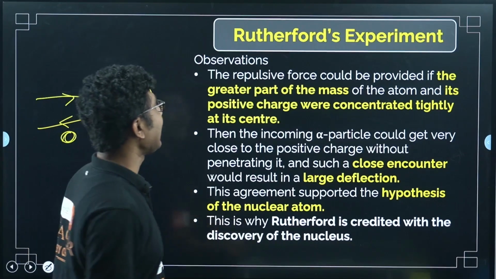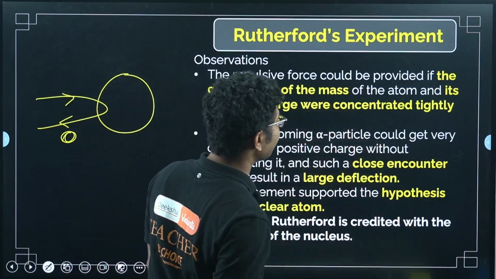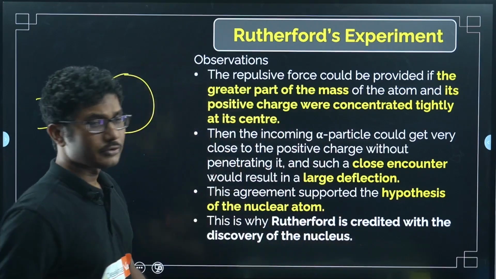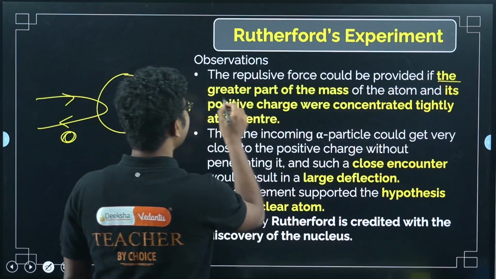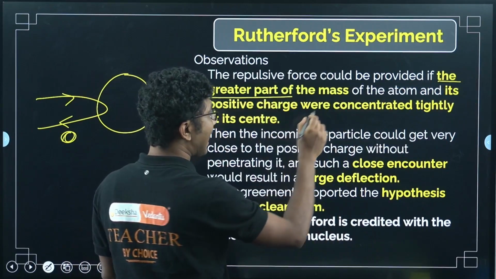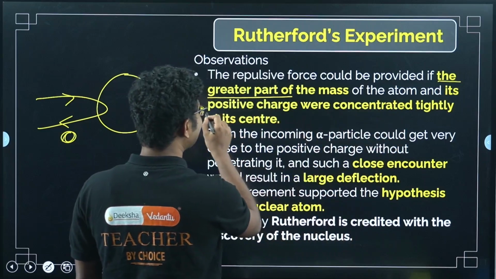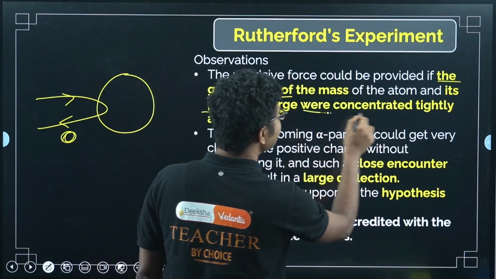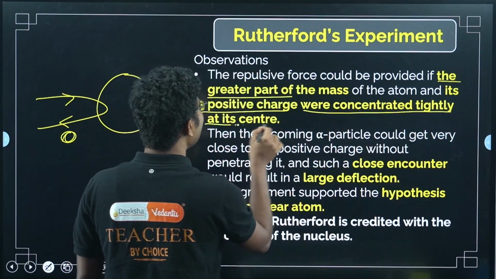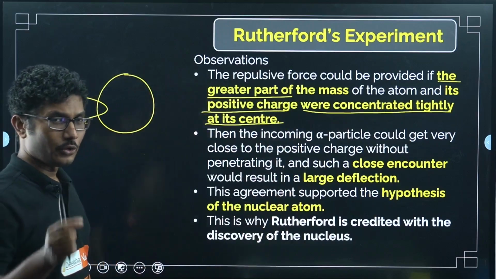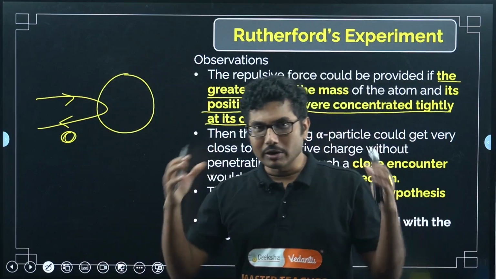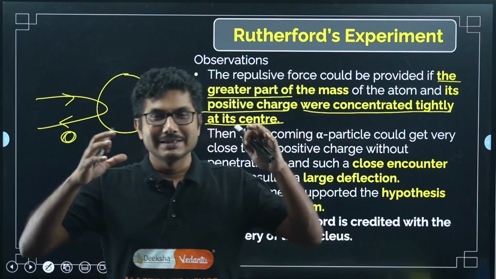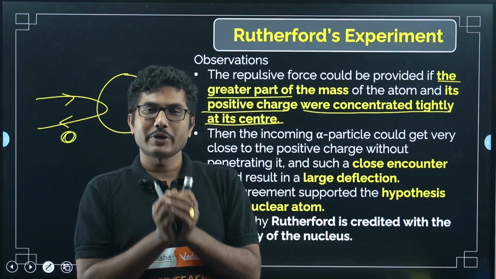So he said that the repulsive force could be provided if the greater part of the mass of the atom, with positive charge, is concentrated tightly at its center. So at the center of the atom, all the mass and all the positive charge are together.